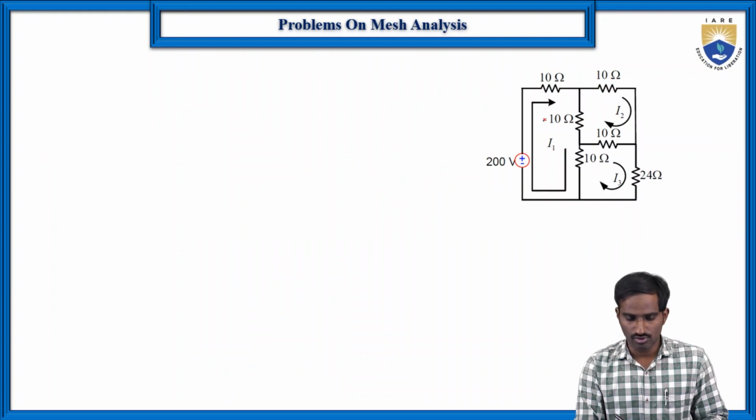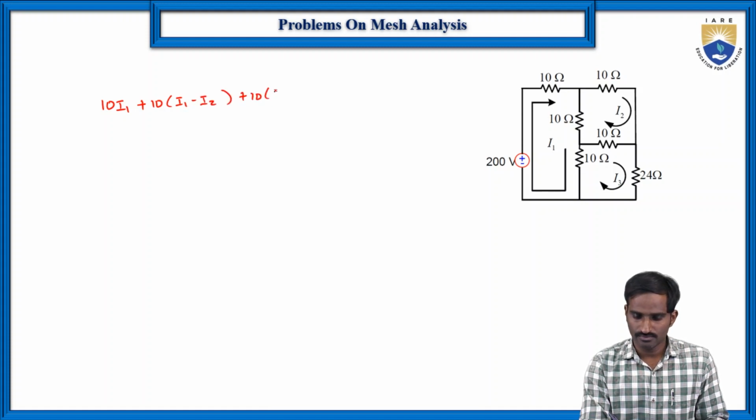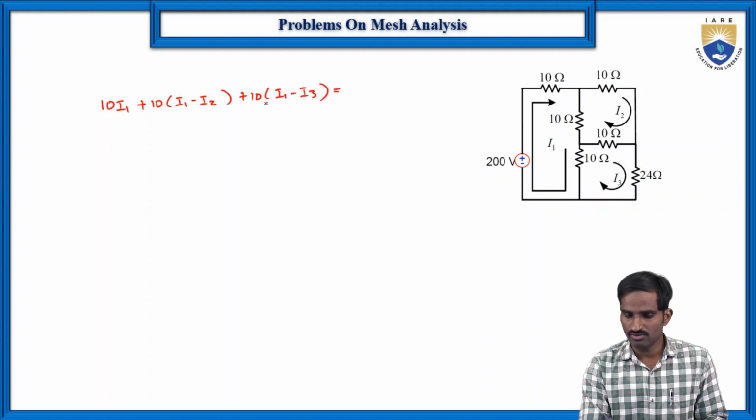With respect to the first loop: 10 into I1 plus 10 into (I1 minus I2) plus 10 into (I1 minus I3), which is equal to 200.